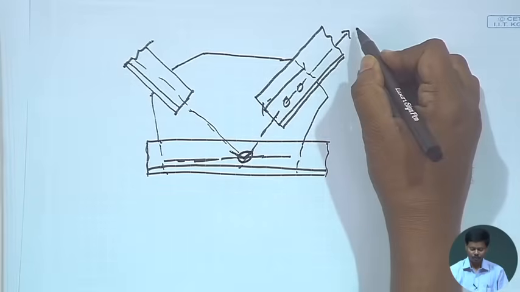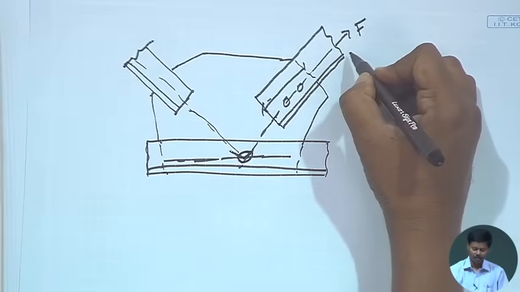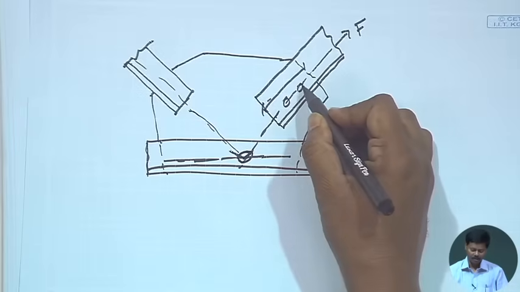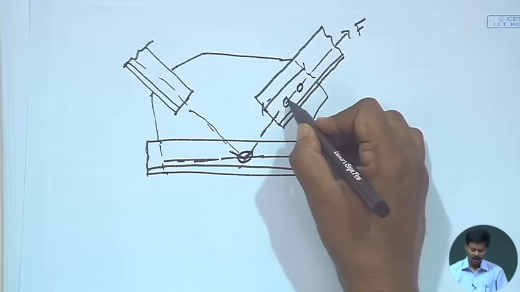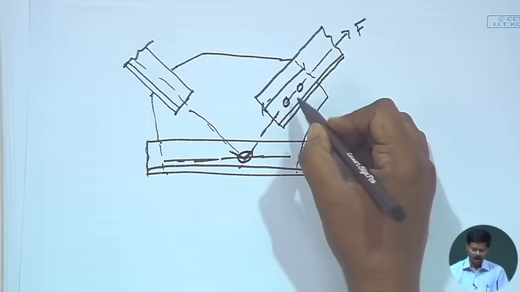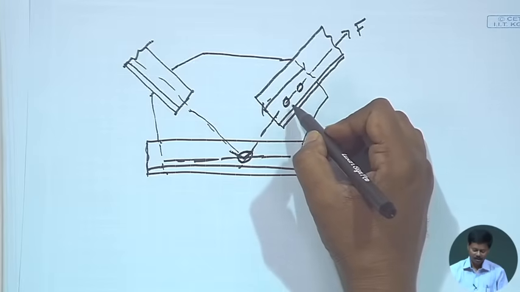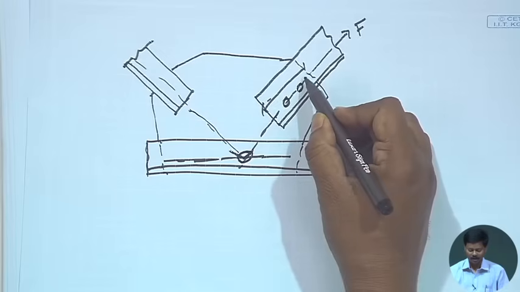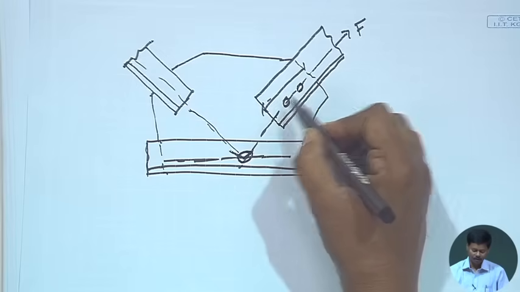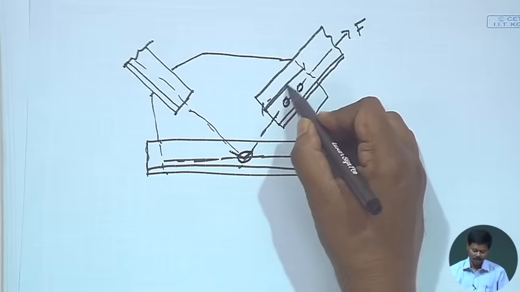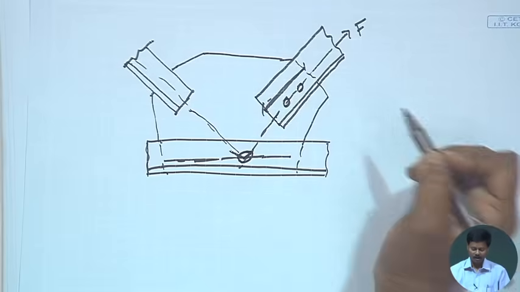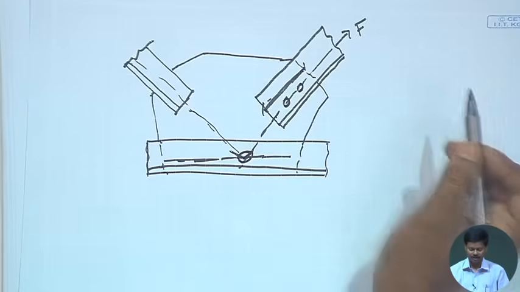Because to withstand a particular force on a particular member, we can provide n number of bolts, and that can be reduced if I increase the diameter of the bolt. Then I can decrease the number of bolts, and if I decrease the number of bolts, then I can decrease the gusset plate length towards this.